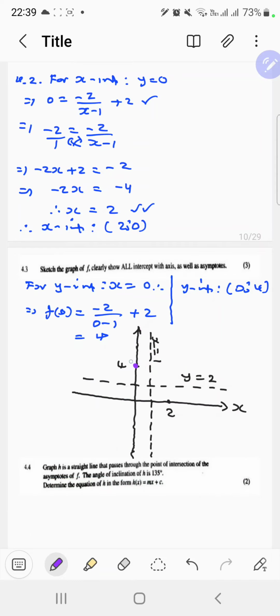So our graph cuts and cuts, and then of course we already know the shape from studying the characteristics of our graph. So our graph is doing this. Okay, so the other thing is that it's doing this.